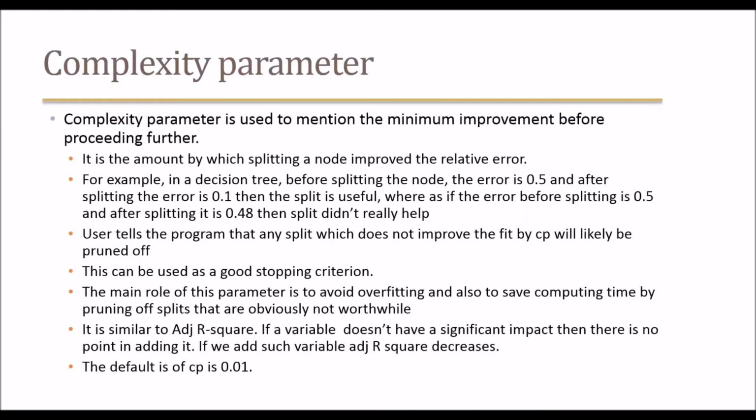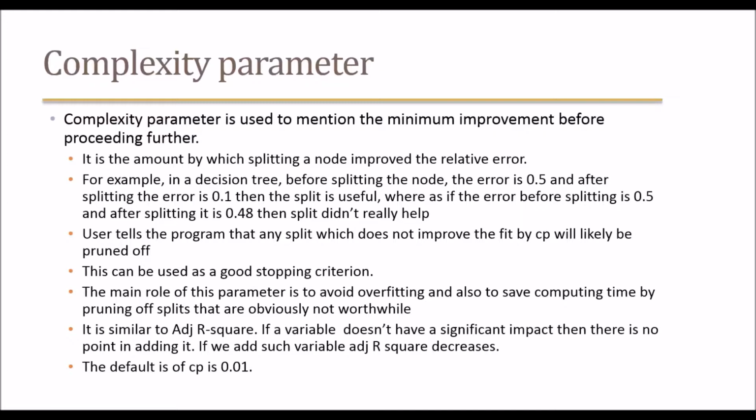You remember in regression analysis, R square fails in multiple regression: if we keep adding variables, the R square value increases, but adjusted R square increases only when there is a significant contribution from the new variable.